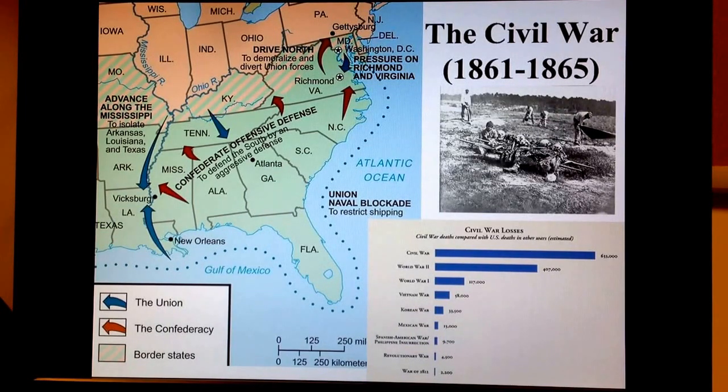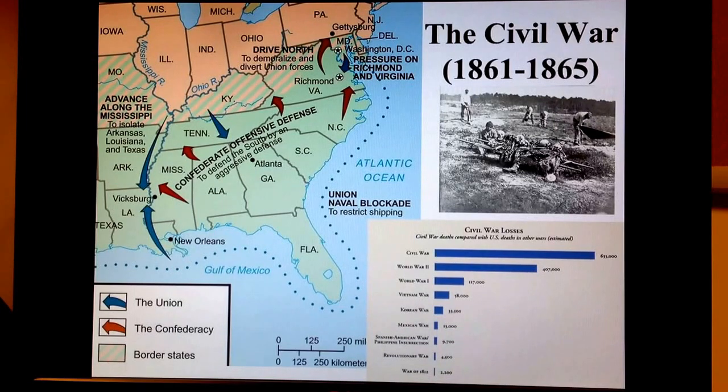And that is ultimately what the North came to by 1863, 1864. By 1863 and 1864, the North was now committed to freeing the 4 million slaves in the South.